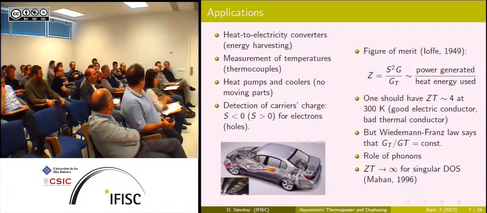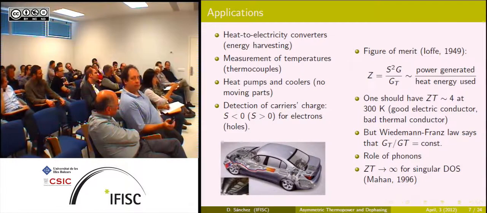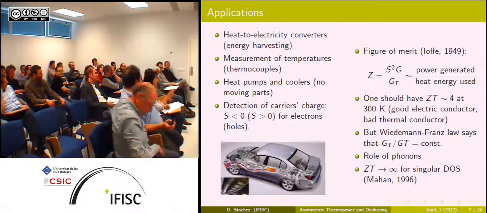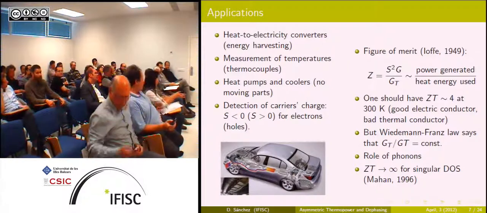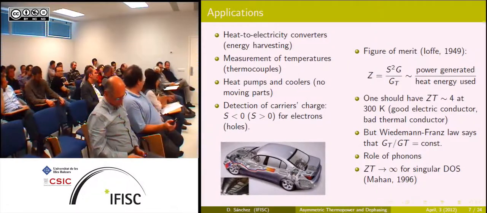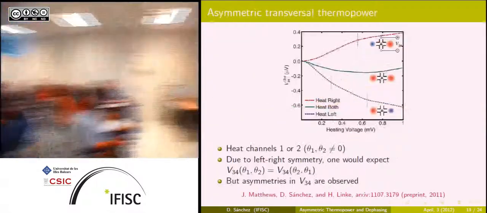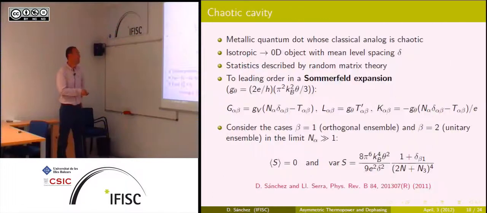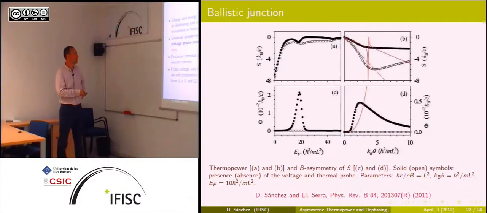So, can you increase this asymmetry not only with the inelastic scattering, with the dephasing or the voltage probe, but also by including some interaction effect or some chirality in the system? We didn't study this.